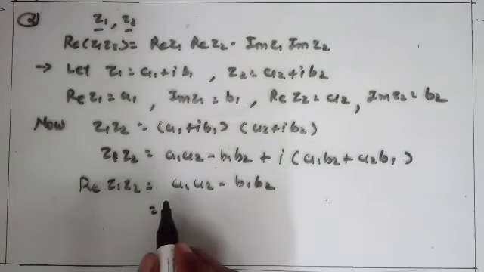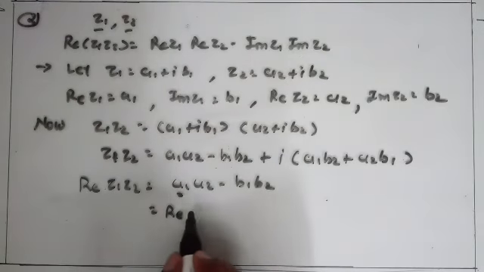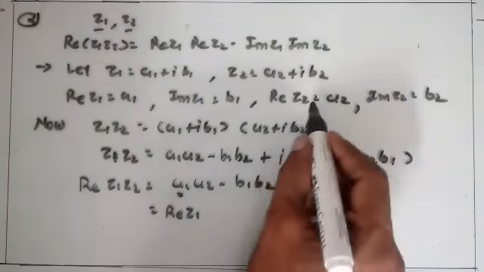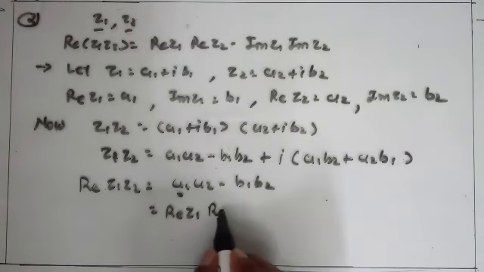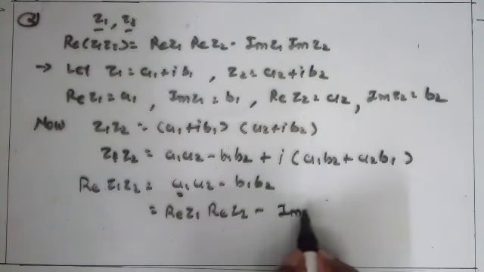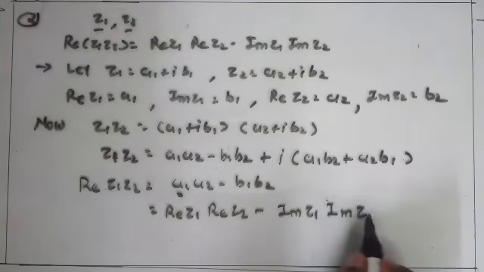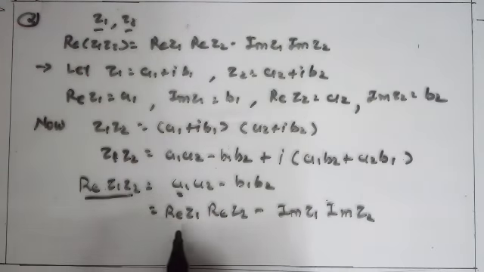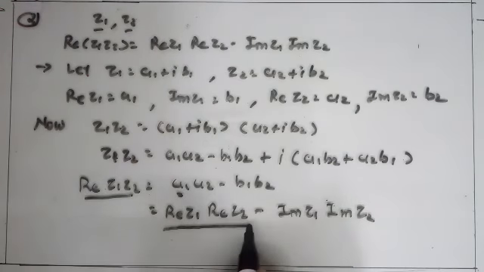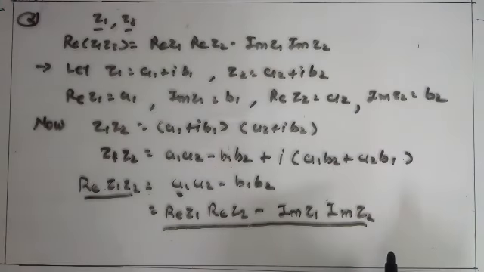So here a1 is equal to, we know that, real Z1, a2 is equal to real Z2, b1 is equal to imaginary Z1 and b2 is equal to imaginary Z2. So real Z1 Z2 is equal to real Z1 real Z2 minus imaginary Z1 imaginary Z2. Hence proved. Clear? Now next question. Question number 3.